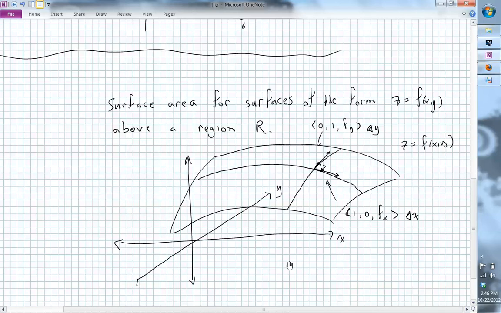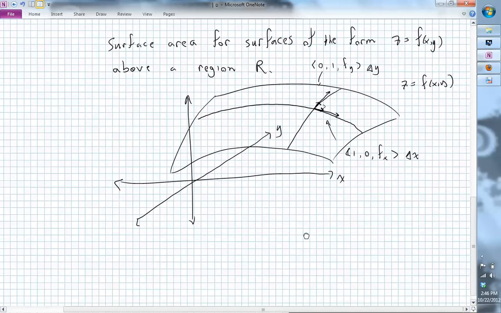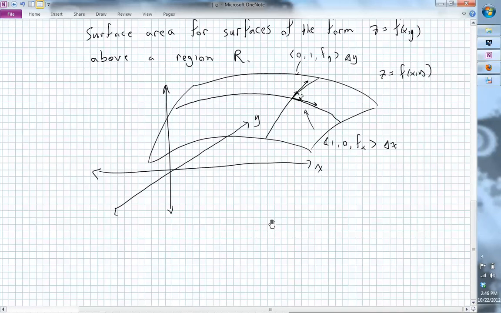And we actually have a way of finding the area of that parallelogram. I don't know if you guys remember. It was from chapter 12, before we did any calculus at all. Cross product, yeah, exactly. Good memory.